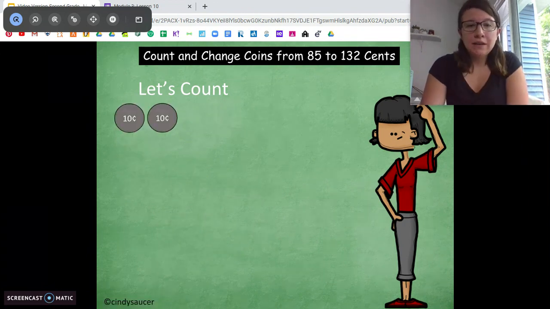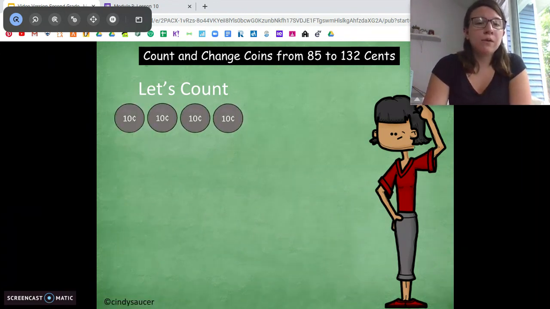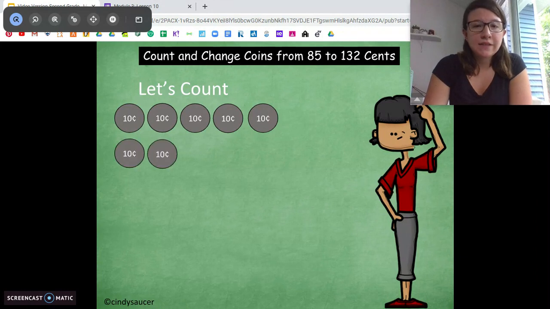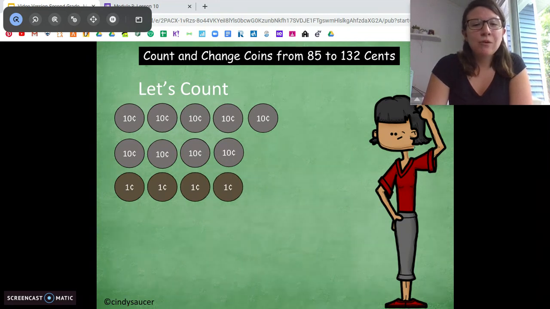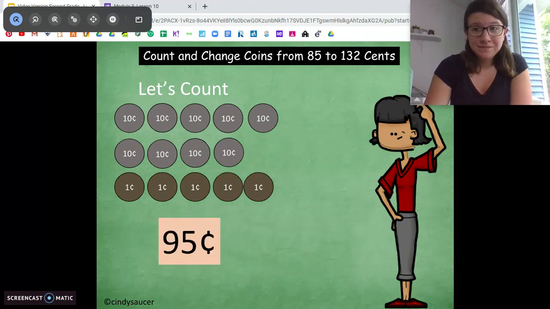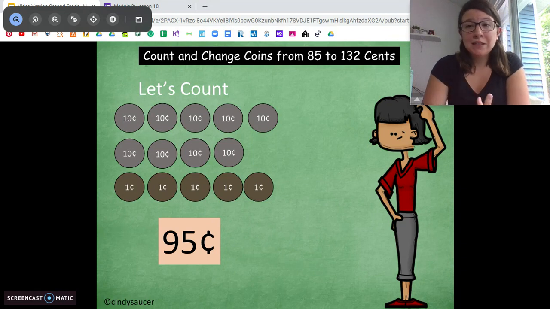Start with dimes. 10, 20, 30, 40, 50, 60, 70, 80, 90, 91, 92, 93, 94, 95. 95 cents. Awesome. Do we have enough pennies to change for a dime? Not yet.